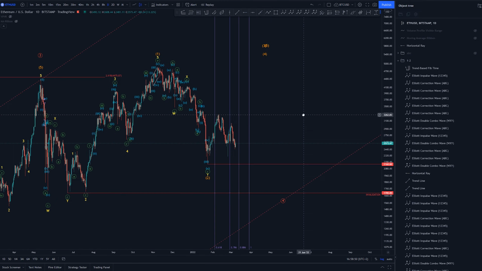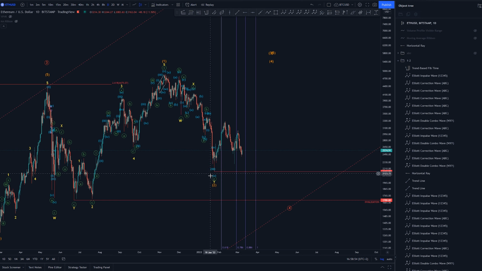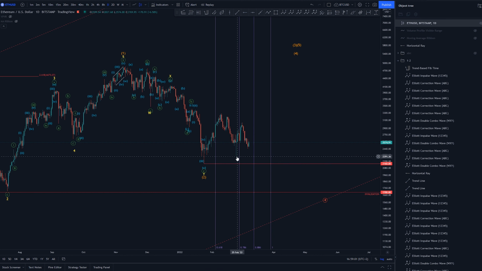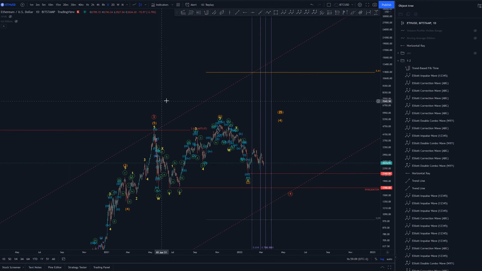But that is just one idea that you can look into, and again, this looks to be a really deep correction. Could be ending here, ABC maybe, and then 1-2. What would be the targets for this?